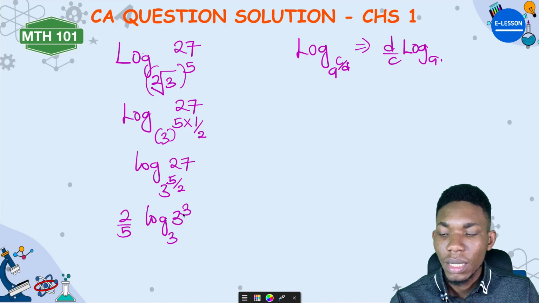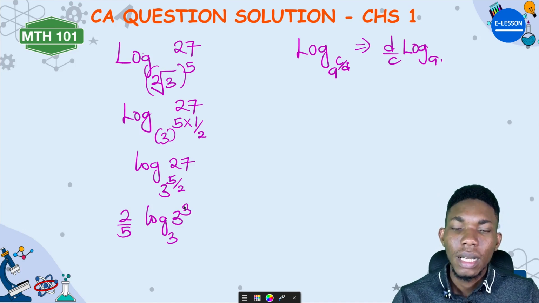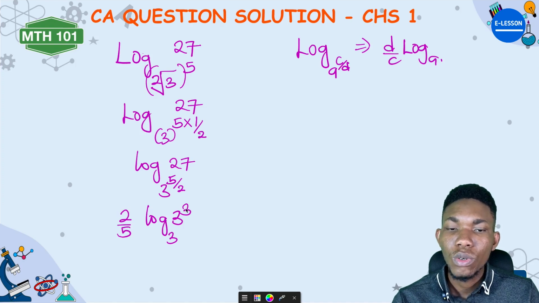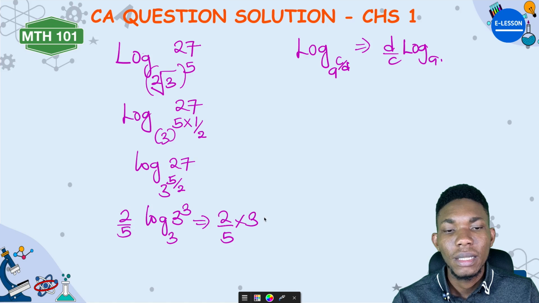Now, my dear student, this 3 to the power of 3, are you getting it? It can also cross to the back because this power here can cross to the back. If that power crosses to the back, you now have 2 over 5 times 3 and then log 3 over 3. This cancel will give us 1. Are you getting it?